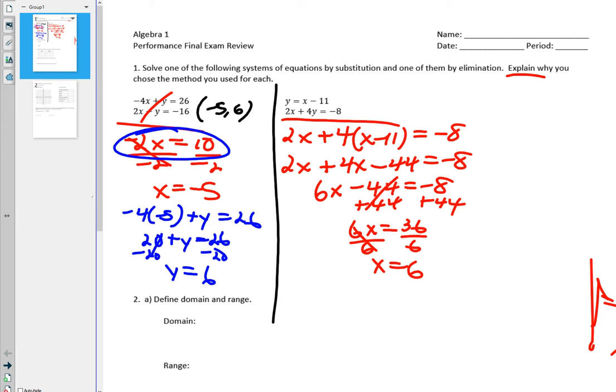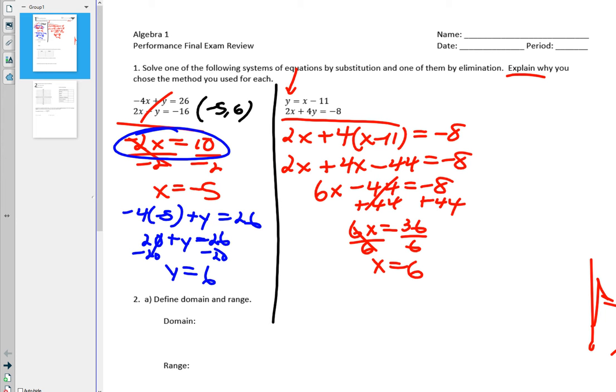Now, like elimination, when I go to solve for the second variable, I can use whichever equation I want. But unlike elimination, there's always going to be one here that's to your advantage, because if I have x, what am I looking for? I'm looking for y, and what's different about this y than the other y?